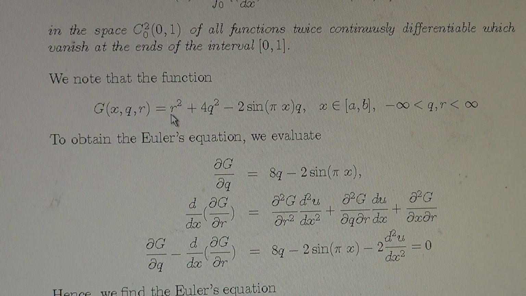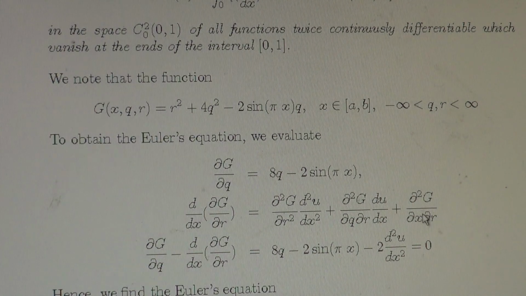If we differentiate 2r with respect to q, it is 0. The same, the other mixed derivative is 0 for the same reason. So we remain with that expression, Euler's expression in the case of that functional, and this is equal to 0. So we have Euler's equation.